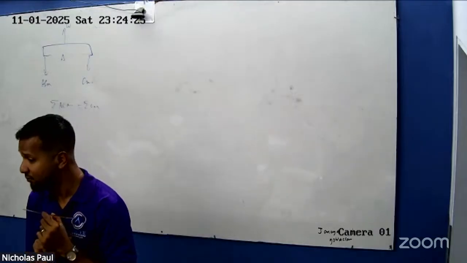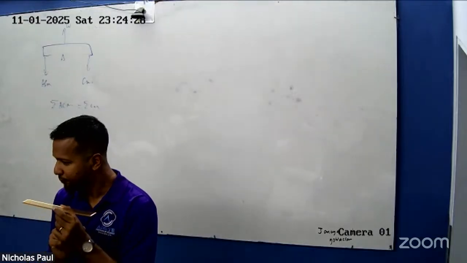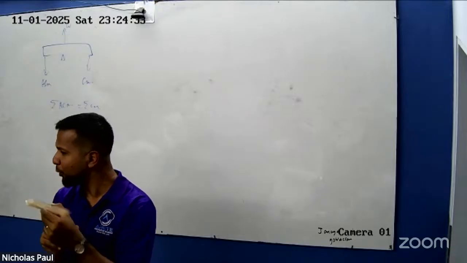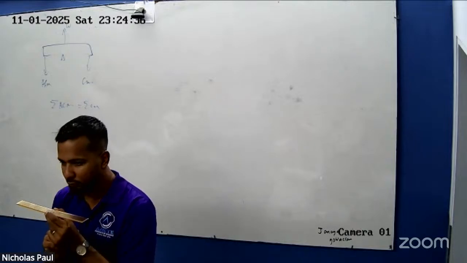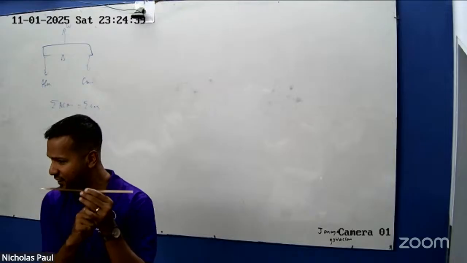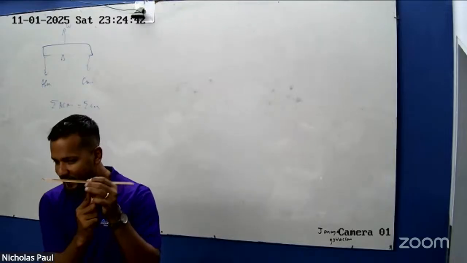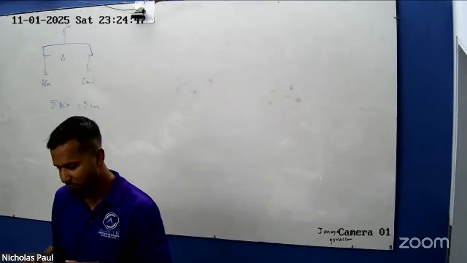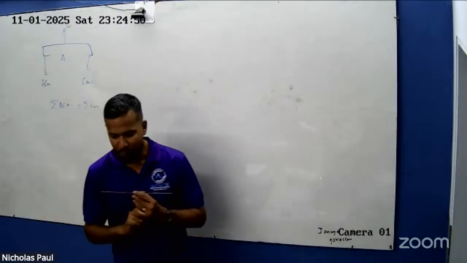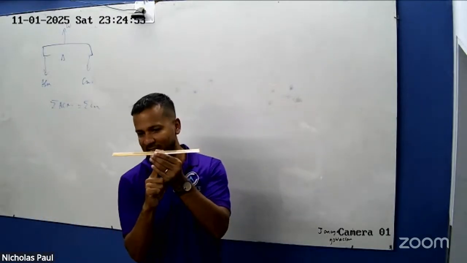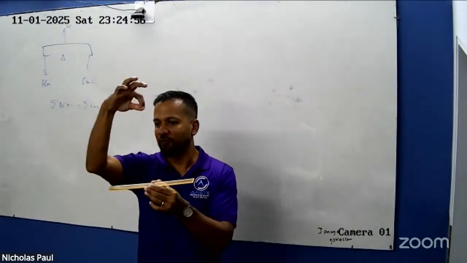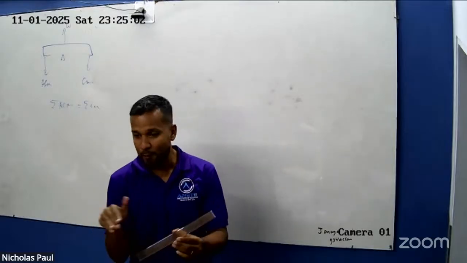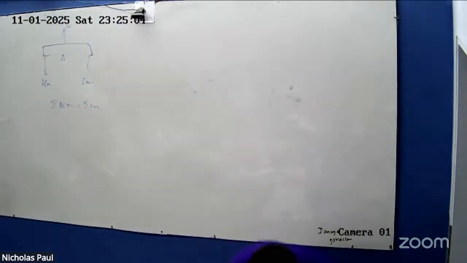Because the moments on both sides are equal, because of something else. Where does your weight act? At the center of gravity. But right now the weight is acting at the pivot. If your weight is at the pivot, the moment is zero. I want you to remember that as well. The weight of the ruler acts down on your finger, and the finger gives an upward force. The upward force equals the downward force, and the moment is equal.